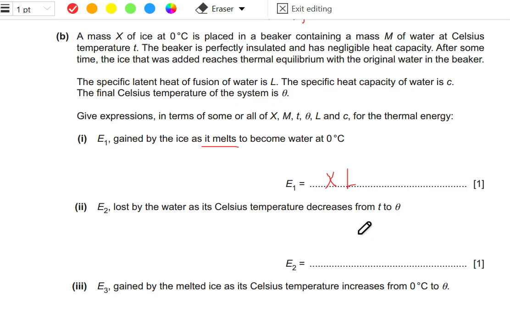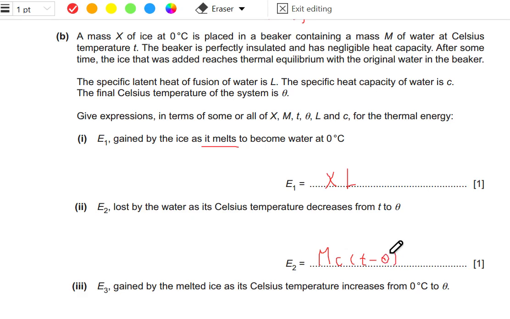Energy lost by water as its temperature decreases from T to theta. It is the mass of water times specific heat capacity times the difference in temperature, from T to theta, meaning T minus theta.